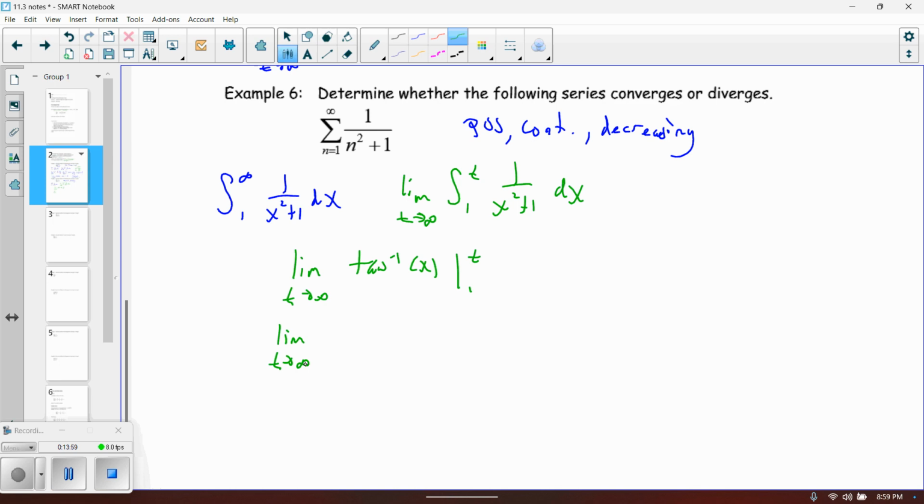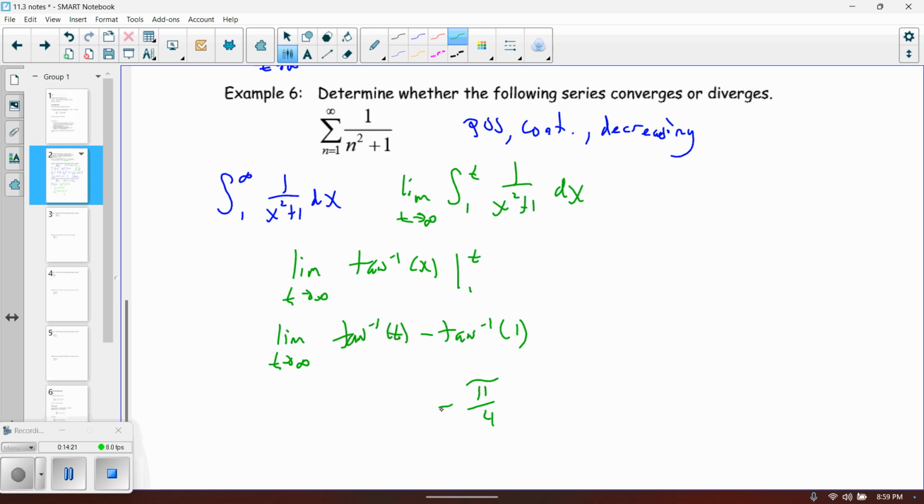This will be the inverse tangent of t minus the inverse tangent of 1. The inverse tangent of 1 comes straight from the unit circle. We should pretty much know that the inverse tangent of 1 is pi over 4.